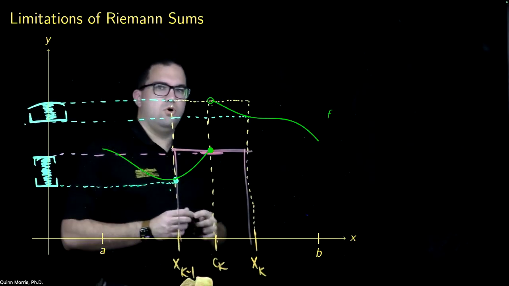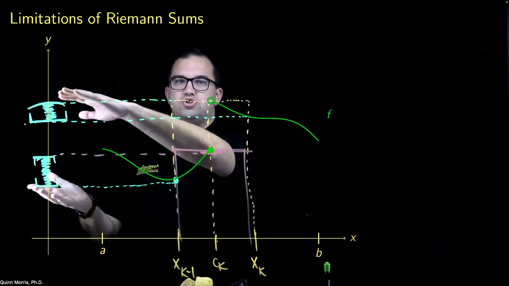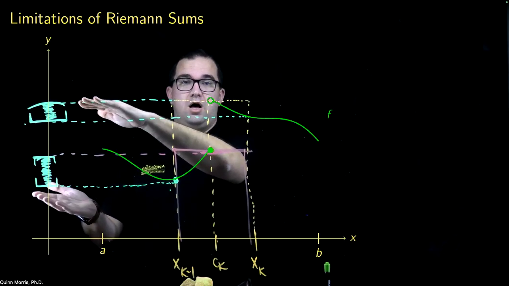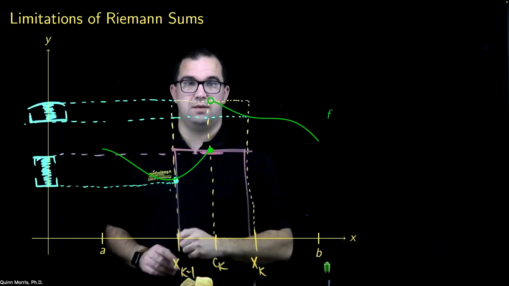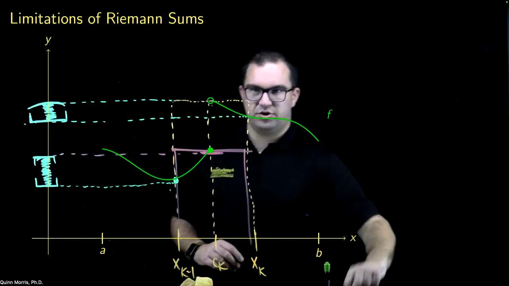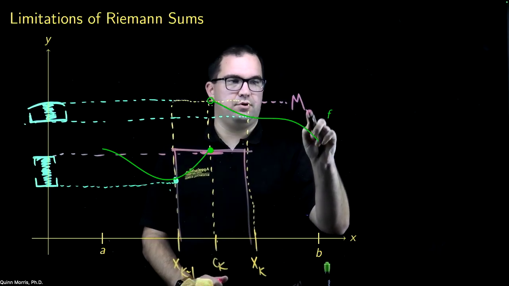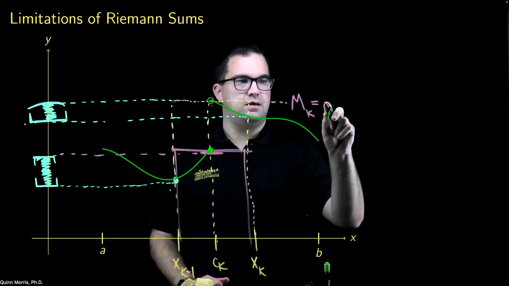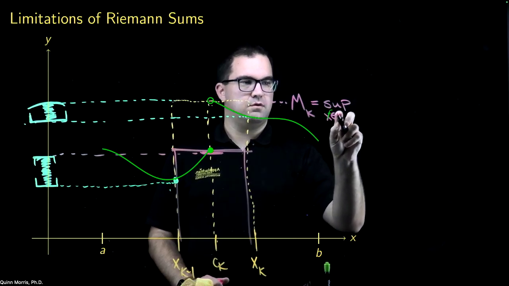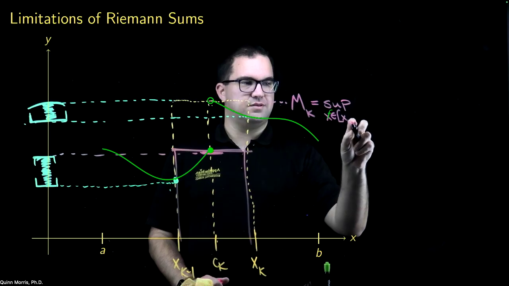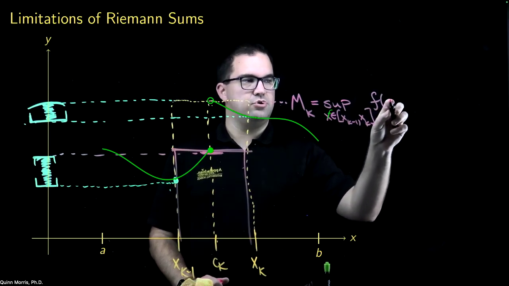So one way to think of this value is it's the supremum of the range values of the function over this kth subinterval. So I could define this height, maybe I'll call it capital M sub k, to be the supremum over the kth subinterval of my values of my function.